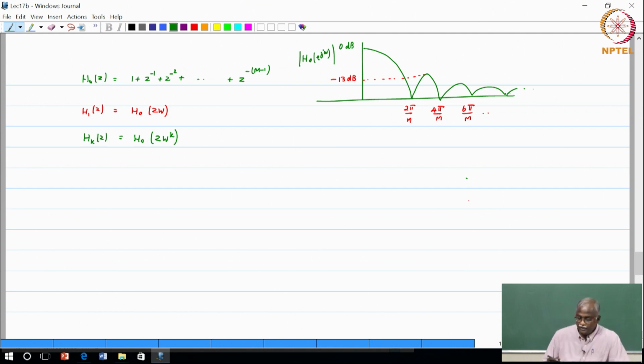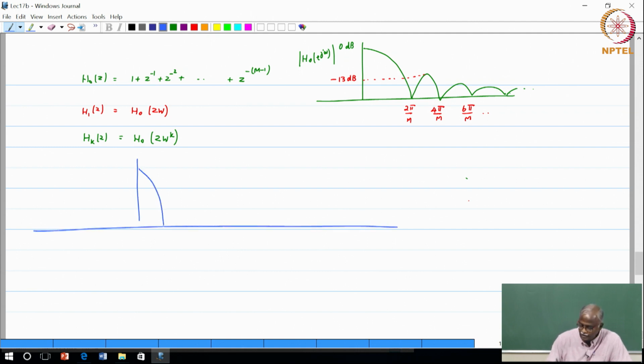Okay. And so if you were to now sketch these filters, unlike the ideal filters that we had, let us see if we can quickly sketch them. This is h naught, the first h1, let me sketch it in red, it will be a shifted version of it.